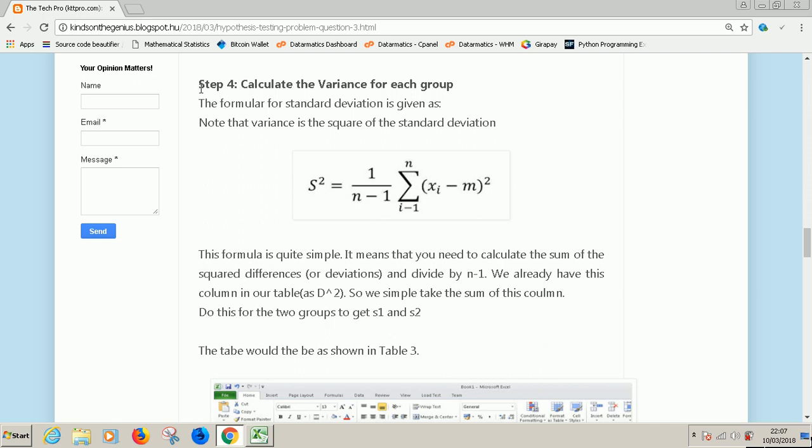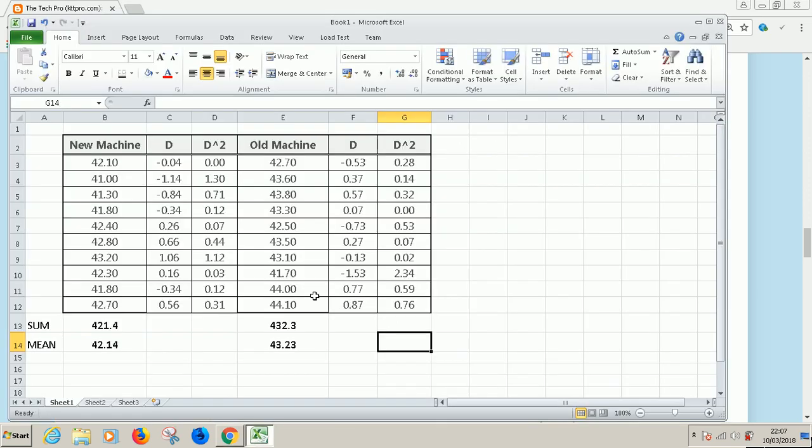Alright, so step 4 says calculate the variance for each group. How do we calculate the variance for each group? Let's go back to the Excel sheet, and remember, variance is the square of the standard deviation. So let's say variance 1 and variance 2.